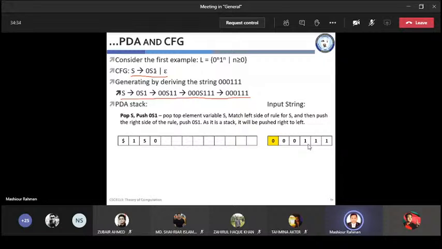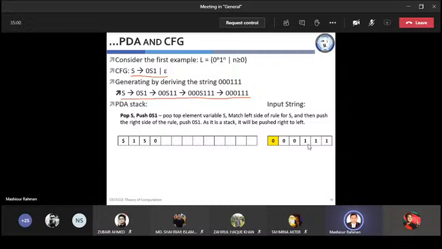If I push in this order, the 0 will be at the bottom. Where will the 0 come? It will come to the bottom. Then our work is not getting done, because the 0 has to be at the top, because we are going through the input string. According to the input string, the current one should be 0. So when you are pushing this rule or this string 0S1, we are pushing it in the opposite direction, that is in reverse order.